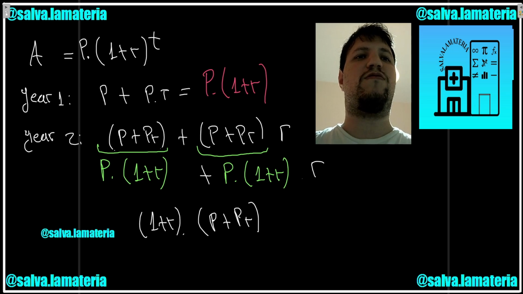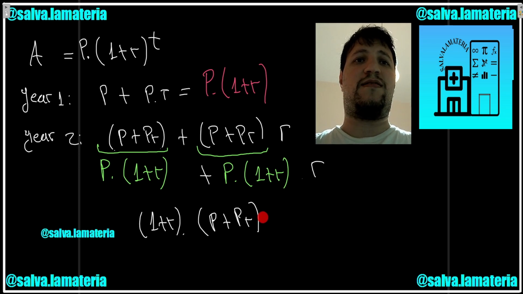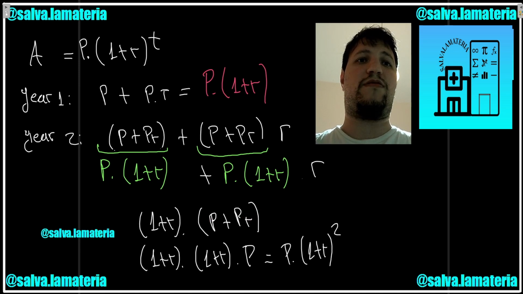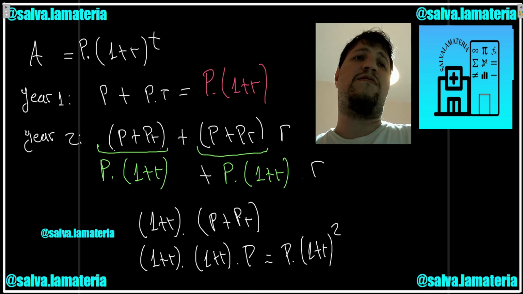If we take common factor 1 plus R, then I get 1 plus R times P plus P times R. And we know that P plus P times R is equal to P times 1 plus R. So now we get 1 plus R times 1 plus R times P, which is just P times 1 plus R, all to the power of 2.